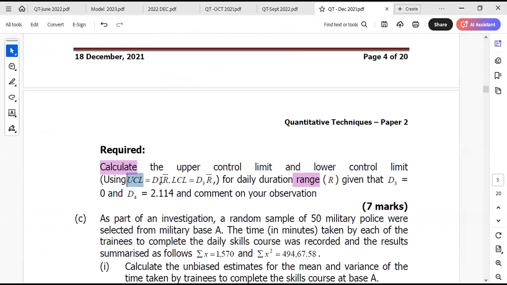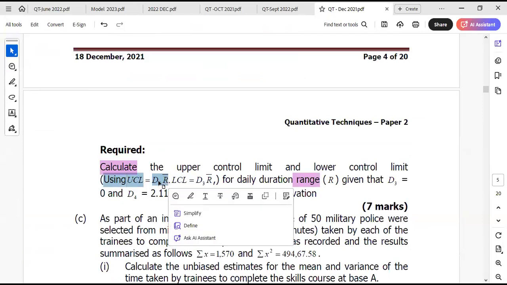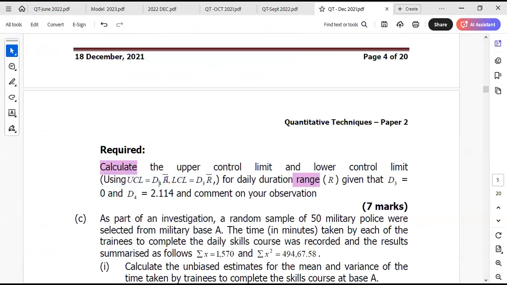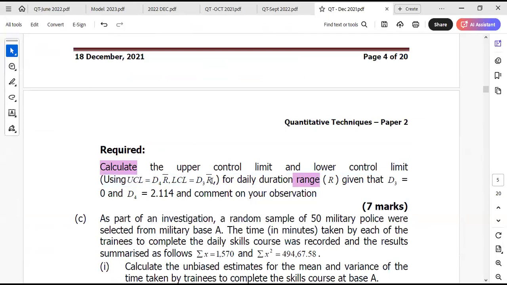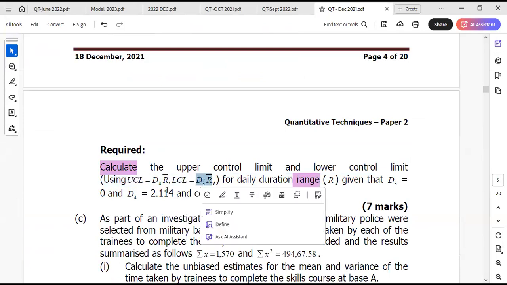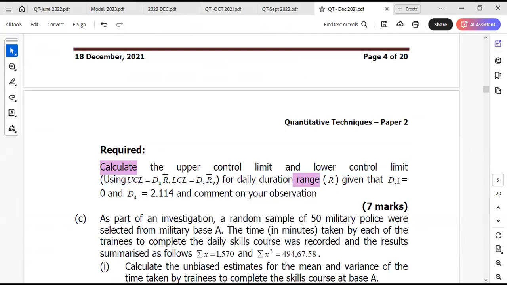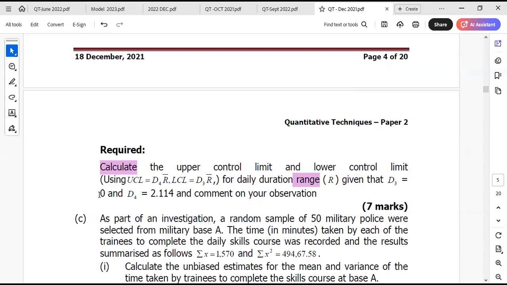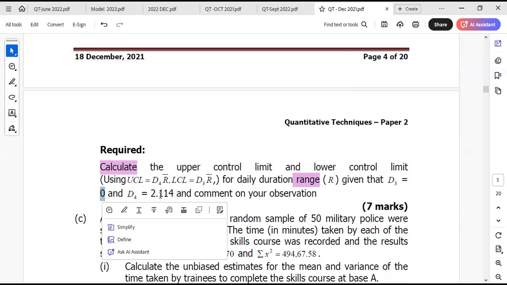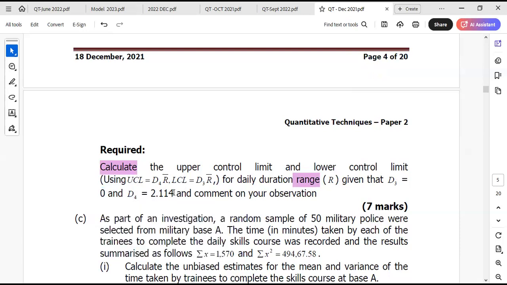The upper control limit is D4 times average range, R bar. Then the lower control limit is D3 times average range. D3 and D4 are given: D3 is 0, then D4 is 2.114. Okay?